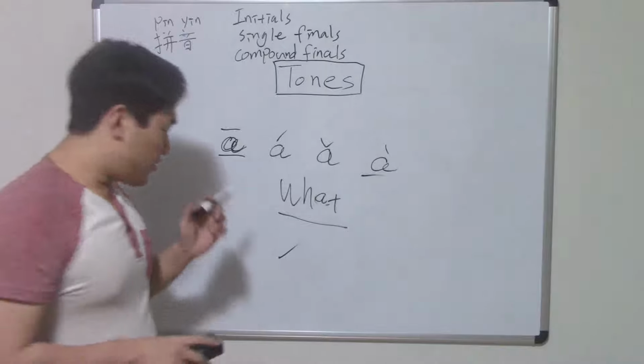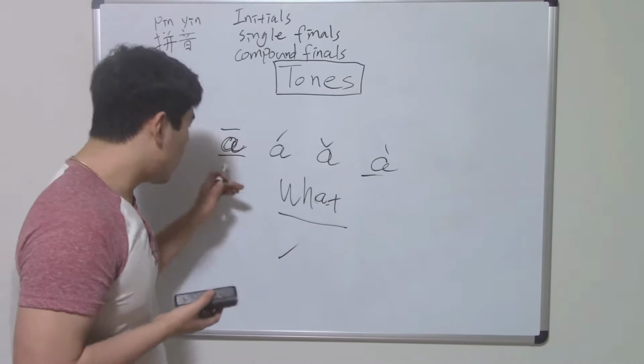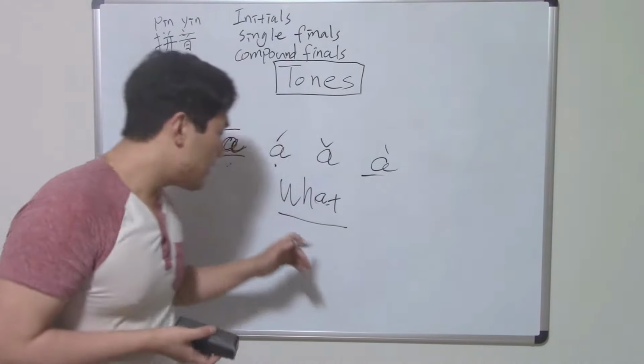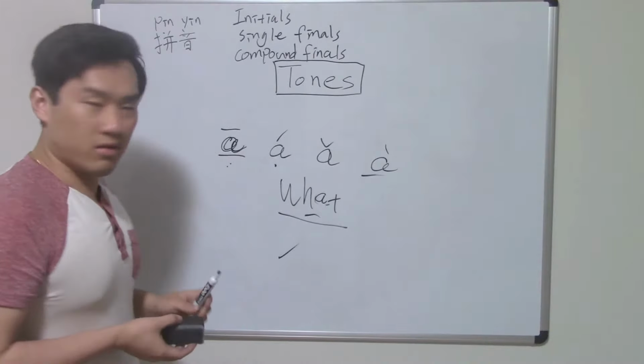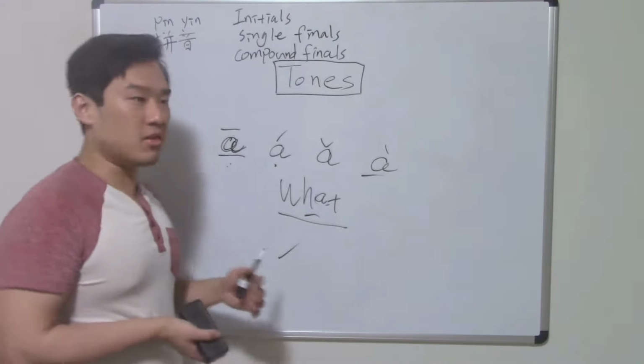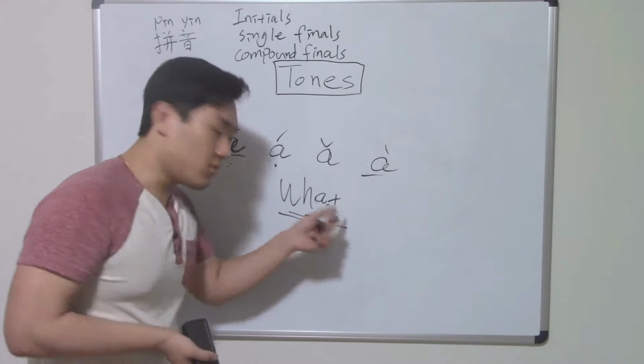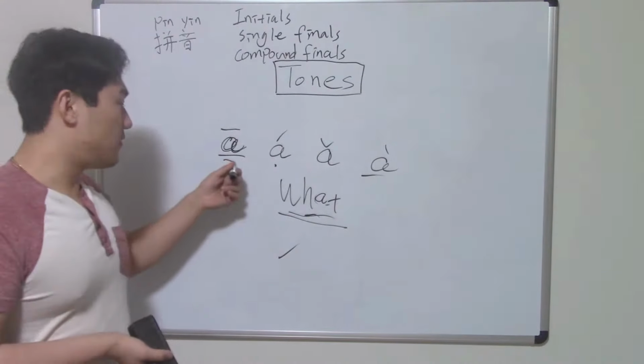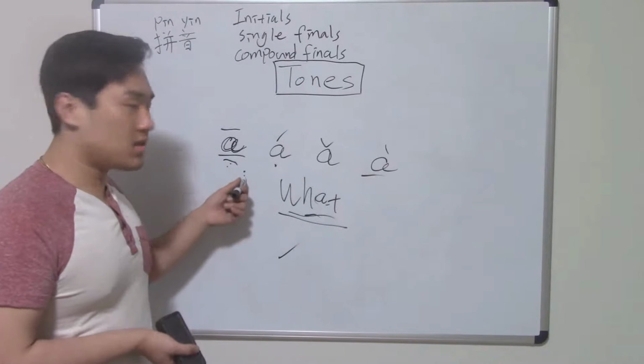So here, you can use these tones, saying this exact same word, and it might reflect a different emotion from time to time. It depends on the person. But it still means the same word.